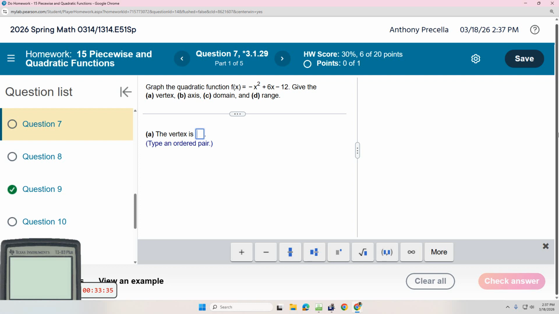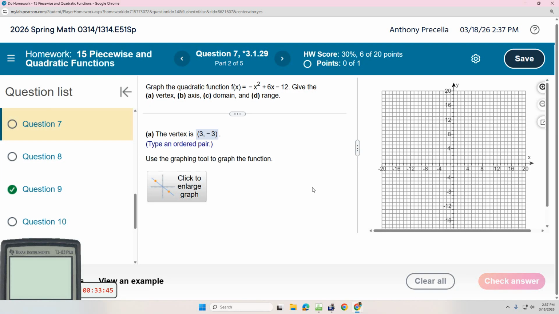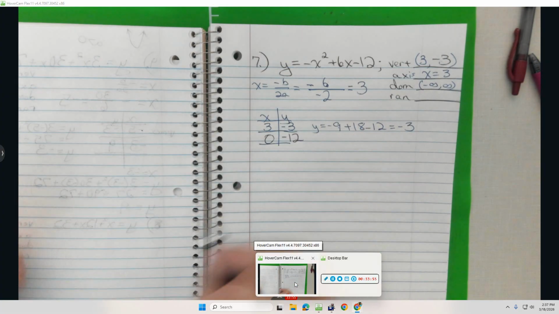Be sure to put the parentheses. 3, comma, negative 3. Close parentheses. And let's look now. We could use 0. Look how far. And that gives us a y value of negative 12.